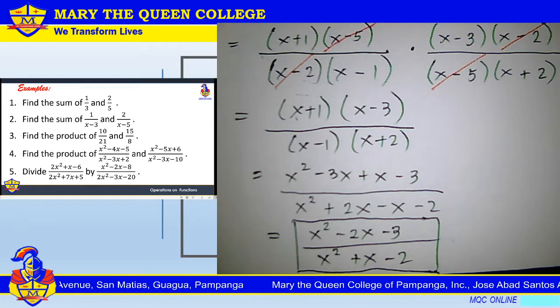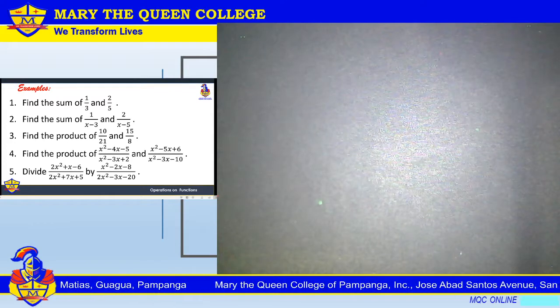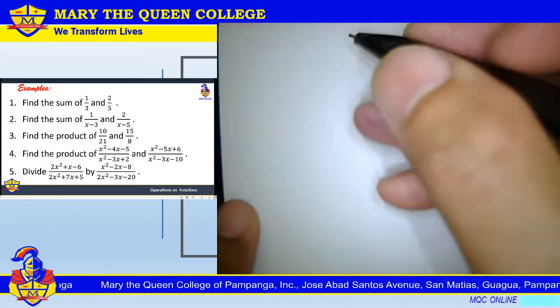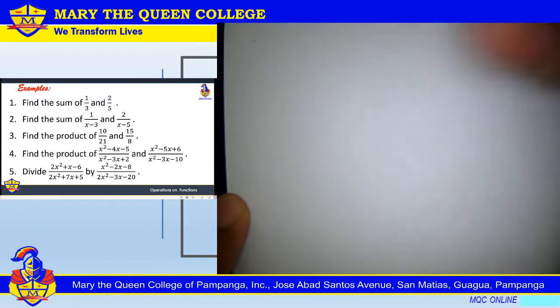Okay. So, last one, we have number 5. Okay, for number 5, we have to divide.